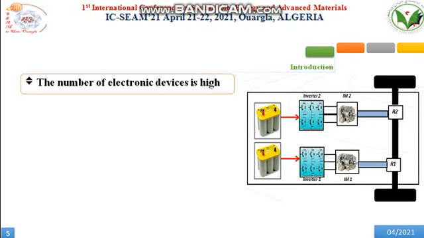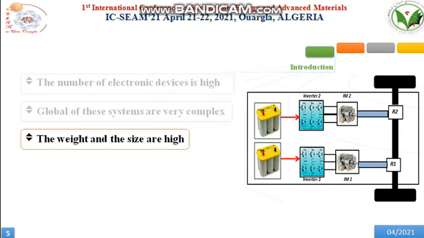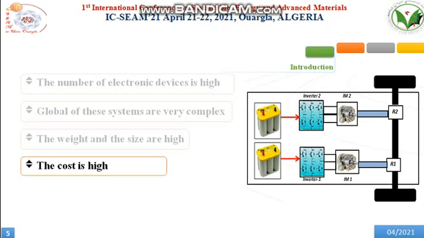We can remark that the number of electronic devices is high, and these systems are very complex. The weight and the size are high. The cost is high. So the problem is posed here: how to realize a multimotor system with a single converter.